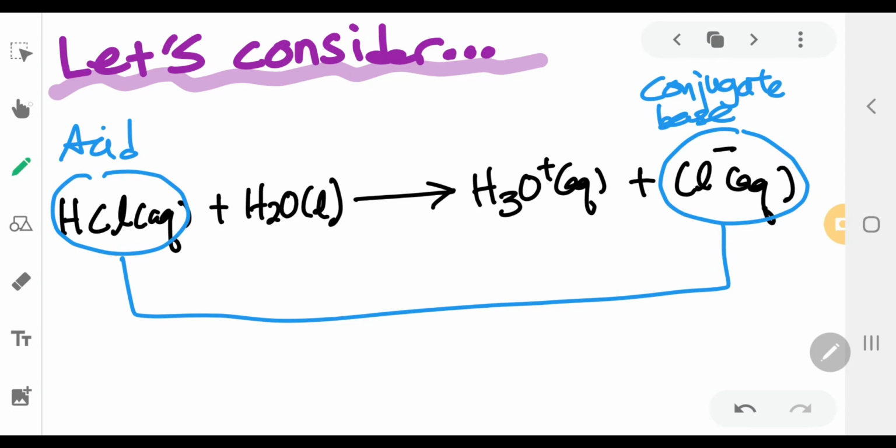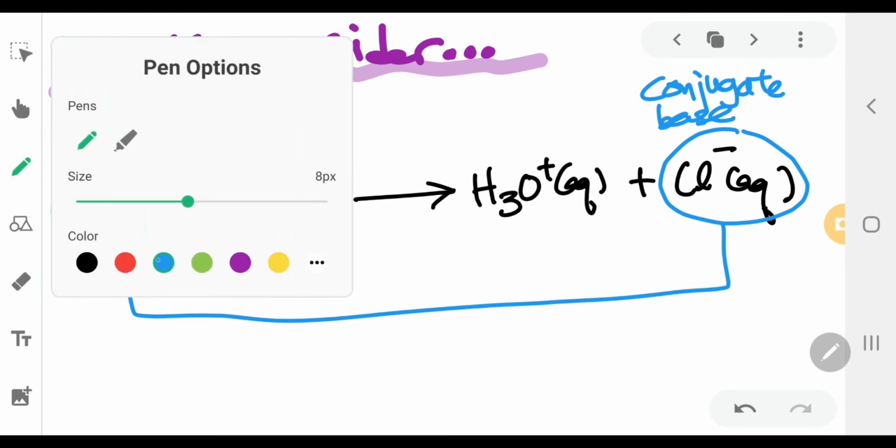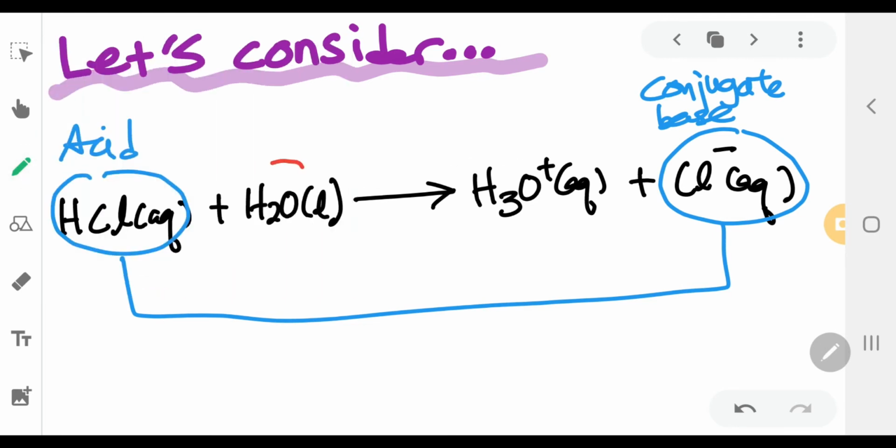So what happens to the water? In the beginning, the water molecule over here behaves as a base because it will be accepting the proton H+ from HCl. As you can see, this is what happens to the H2O. It will be accepting the proton from the HCl, so that is a Bronsted-Lowry base.